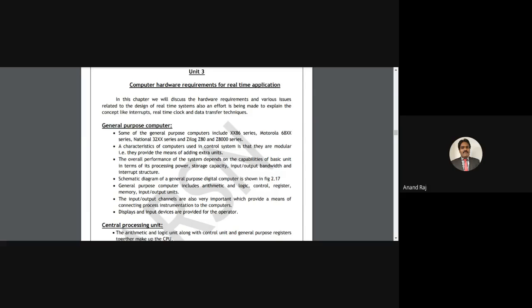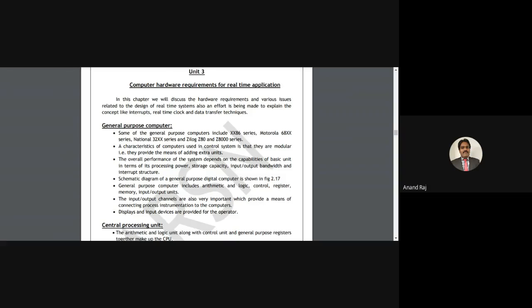Processing power is measured in Dhrystones. Dhrystone is the measure of throughput of the system. Any computer system is measured in terms of its throughput, and the unit is Dhrystones. And we have the famous Dijkstra algorithm, from the same person, Dijkstra.